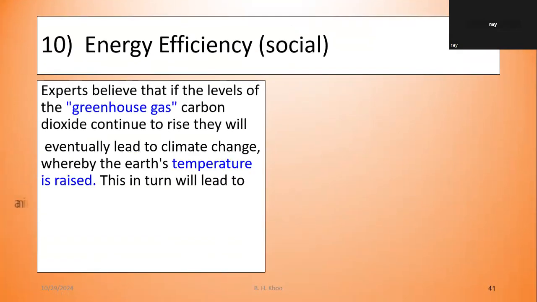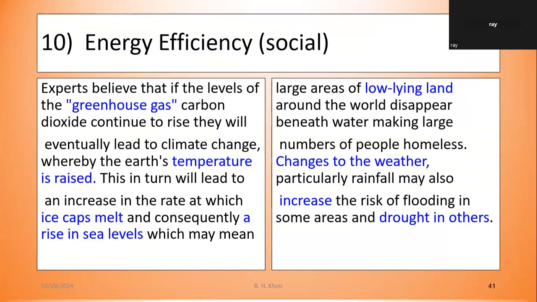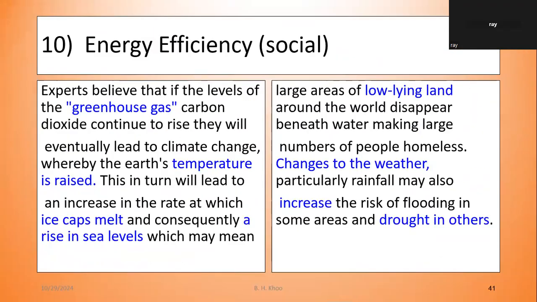Okay, this one I will just explain to you roughly. Basically, when we use fossil fuel, it produces carbon dioxide. So it is going to cause heating of the atmosphere, and as a result, the ice in Arctic and Atlantic will melt.